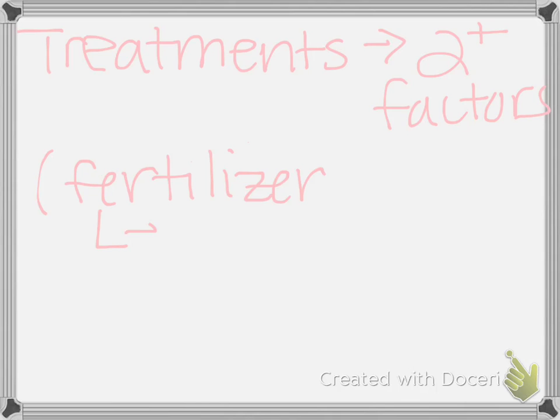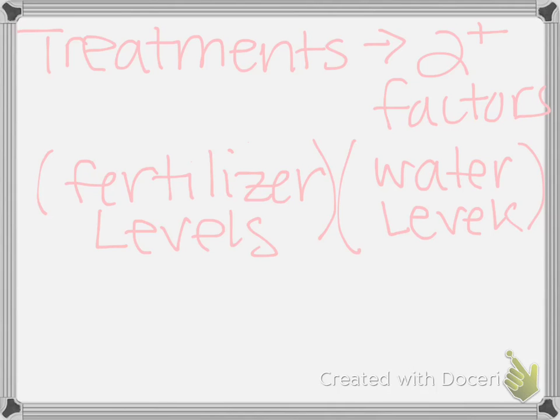And you look at the levels, and then you multiply it times the levels for the other factor, okay? The other one was water. And you look at the levels. So the fertilizer, there was 2 levels, times the water levels, there was 3 levels, gives us a total of 6 treatments, okay?